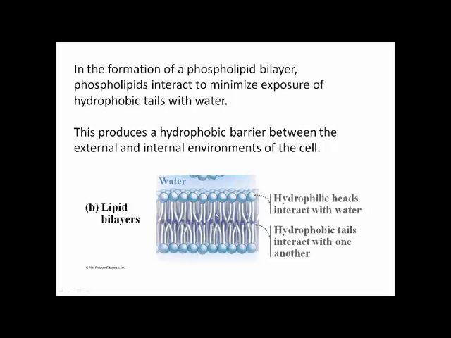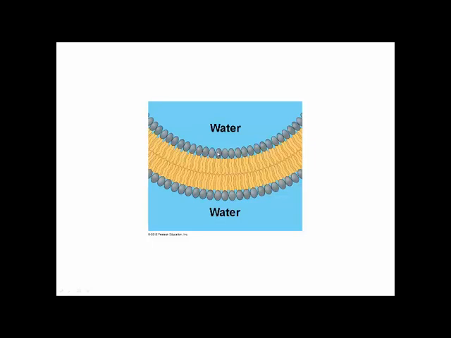But the overall setup is one where our phospholipid heads are pointing towards water, either into the cell or out of the cell. And you've got this slippery, oily layer that's preventing the passage of substances that should not cross from one side of the membrane to the other.